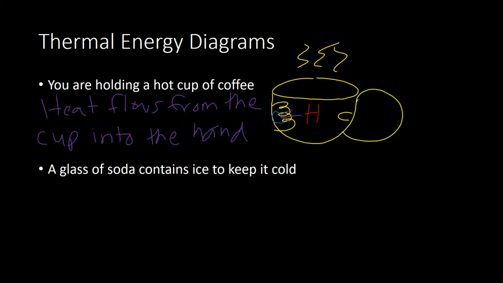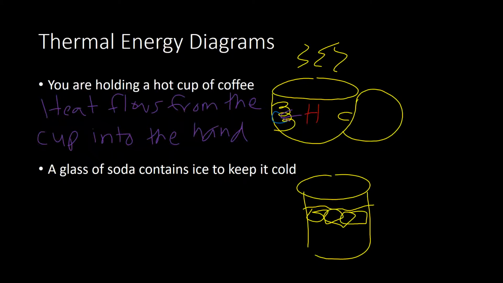In the second one, we have a glass of soda that we've added some ice cubes to help cool it down. So we know that our ice cubes are colder than our soda is. So our soda is going to be our hot object, and our ice cubes are going to be our cold object. And again, heat flows from the hot to the cold.